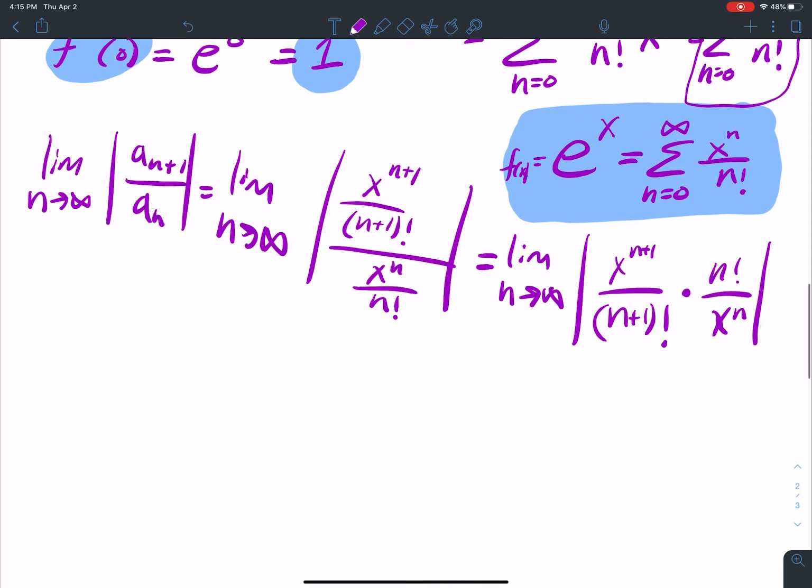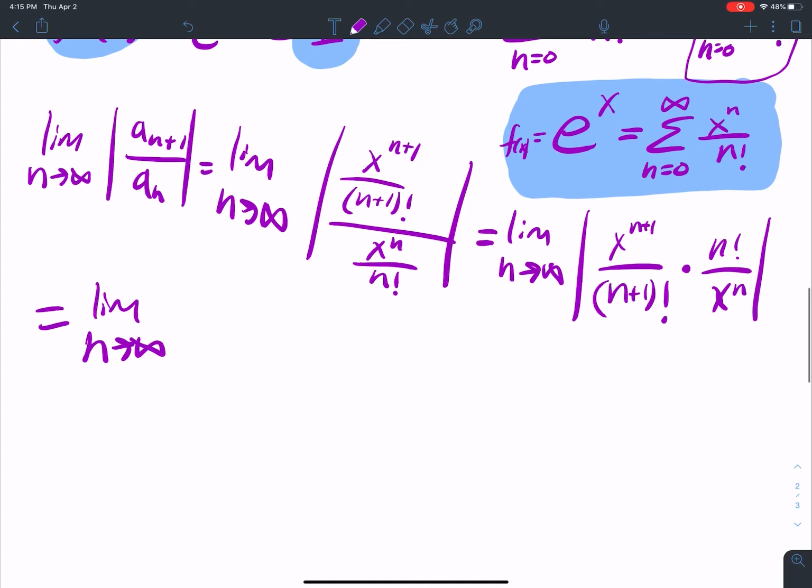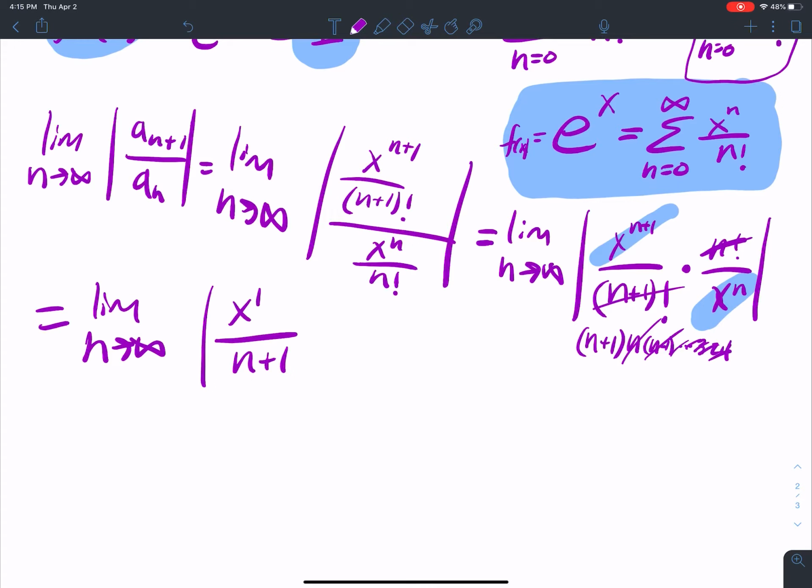Now the x to the n plus 1 and x to the n cancel, and I get x to the 1. Now the n factorial and the n plus 1 factorial: n plus 1 times n times n minus 1 all the way down to 3, 2, 1. So the n and all the way down cancels with that n factorial, and I'm just left with n plus 1 in the denominator there.